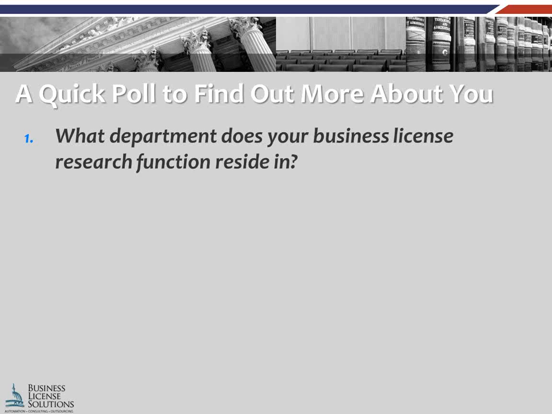The response from the group is about 50% of you handle more than 51 annual research projects of some sort. 25% are between 13 and 50, and 25% are between 1 and 12. So we've got a group that is fairly research-laden at this point. Thank you for participating in the poll.